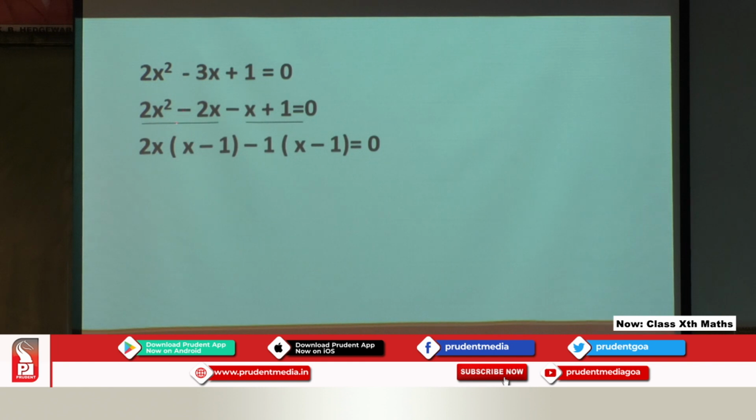If you multiply these two terms, minus into minus is plus, 2x into x is 2x square, so the product is 2x square. And if you add minus 2x and minus 1x, we get minus 3x. The last term remains the same, plus 1 equal to 0.